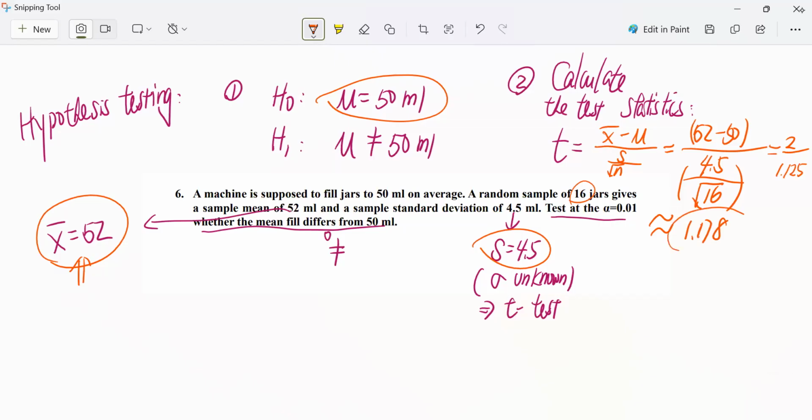So that's going to be the t-score. And here we are doing the two-tailed test, right? The alternative hypothesis tells us it's a two-tailed test. The third step, in this case, we're going to use the critical value method.